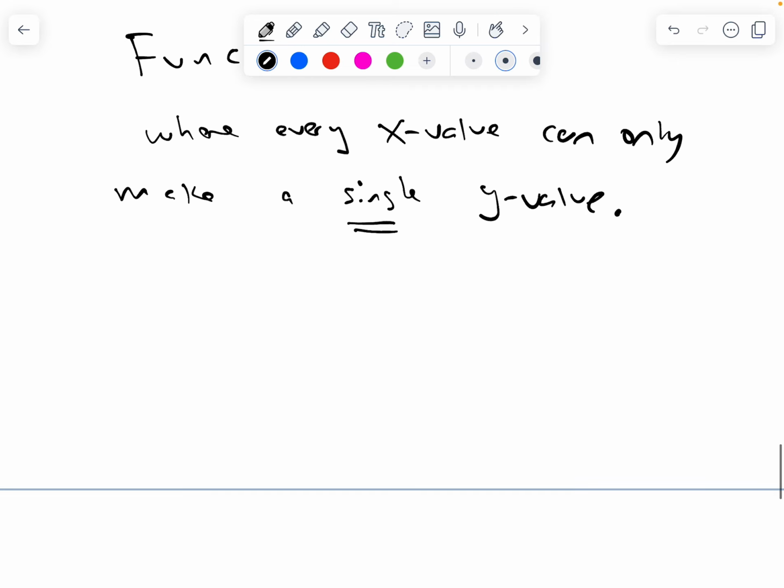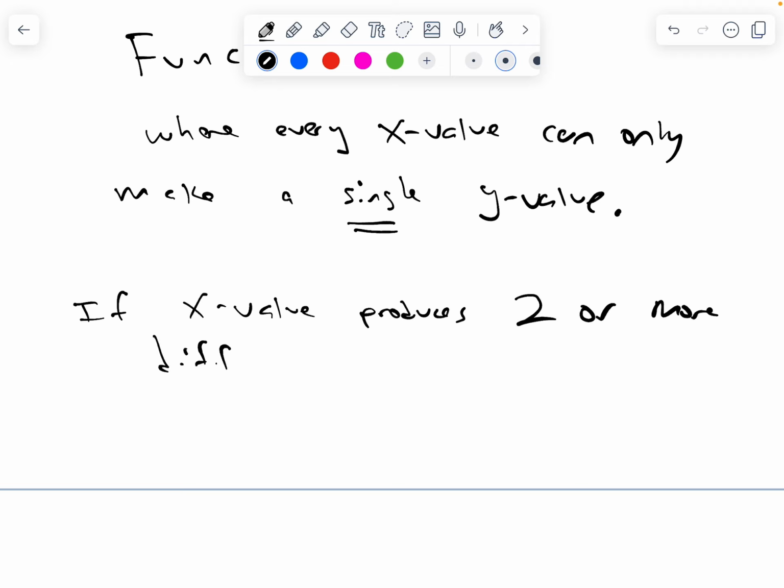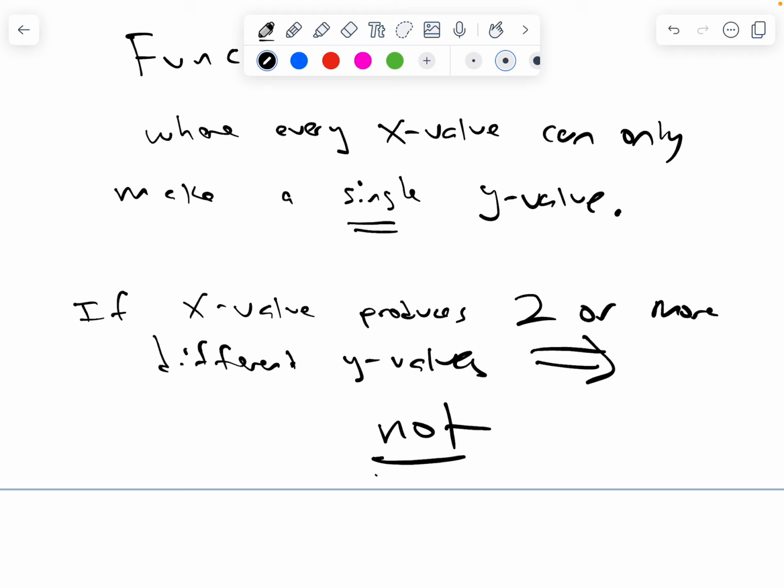In other words, let me state the converse of this. If an x value produces two or more different y values, that means it is not a function.